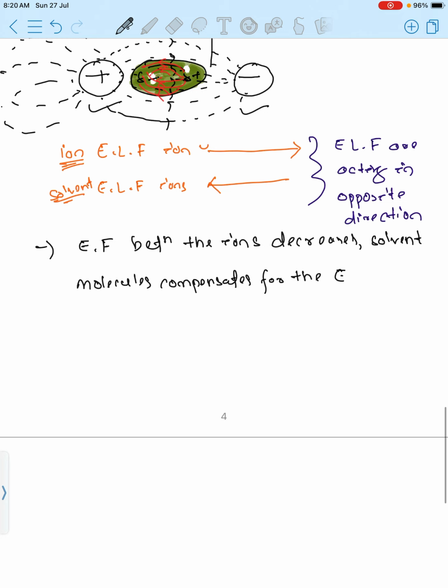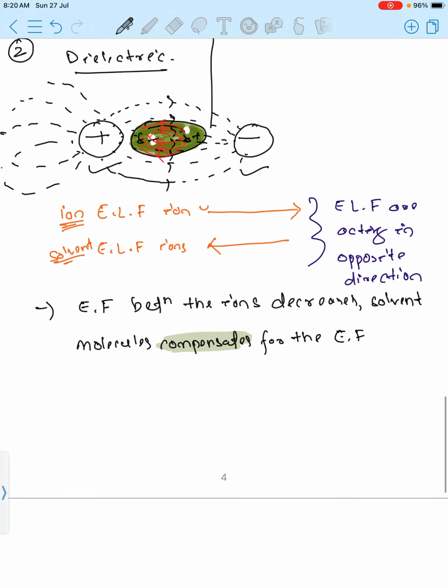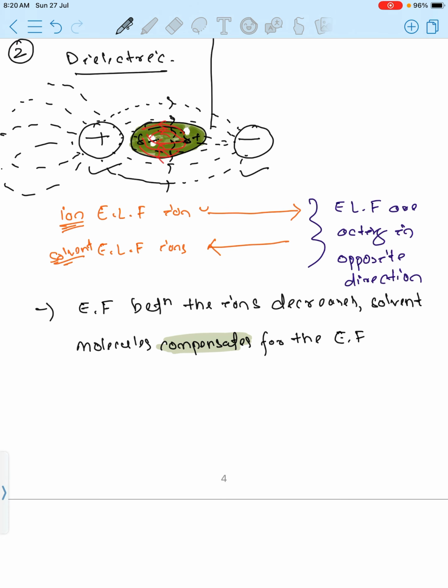What do you mean by compensates? Compensates means the direction at which the electric lines of forces were acting, in the opposite direction the electric lines of forces created by the solvent molecules is acting. That means the effect of electric field generated by the ions actually decreases.